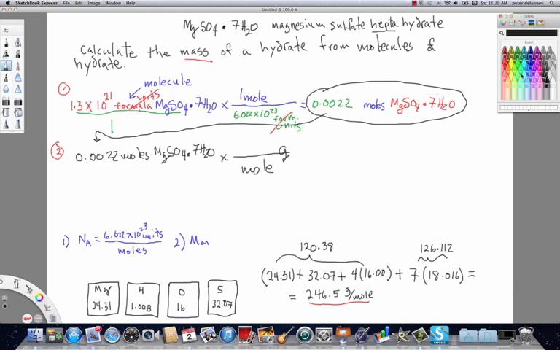Don't forget that this value here is over 1. So the mole here is going to cancel with the mole here. And my molar mass is 246.5. Write it up here. So the grand total here, when we take the moles and we multiply by the mass, is going to be 0.5323 grams of the hydrate.